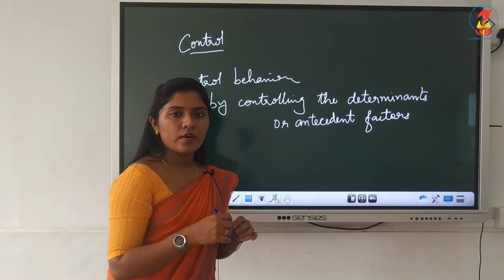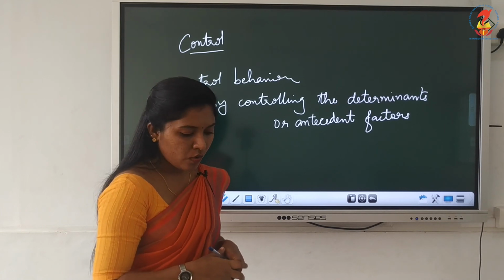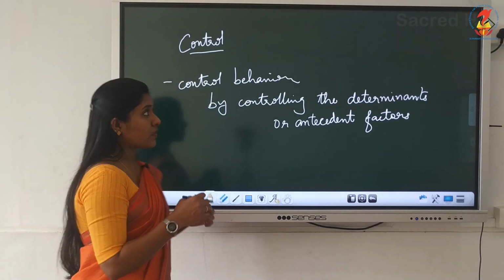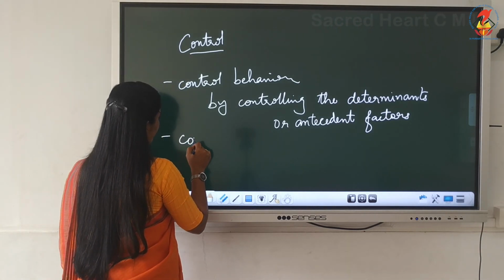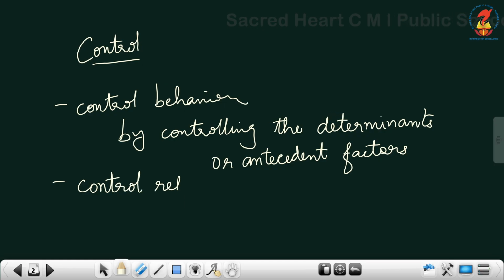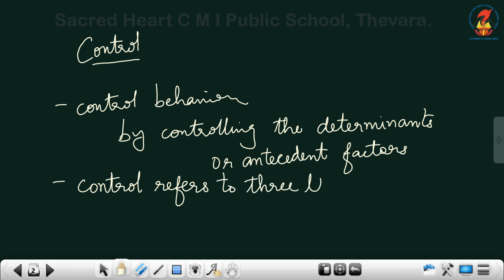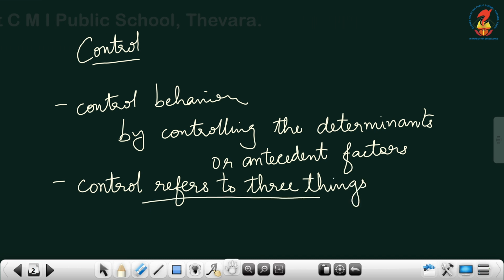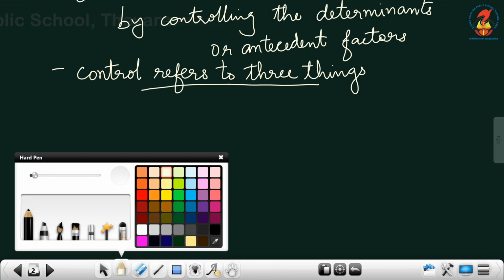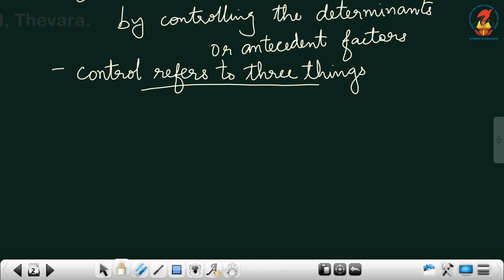And this control not only means reducing some behaviors; control refers to three things. One is making a particular behavior happen.